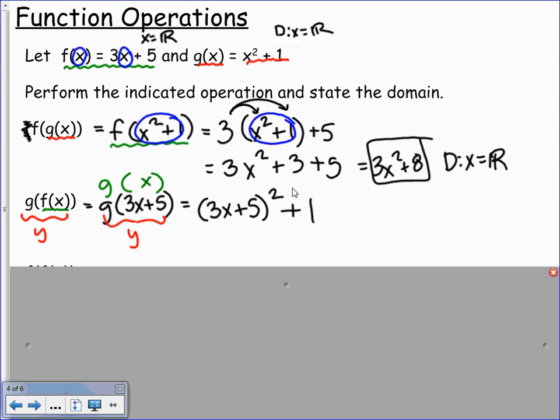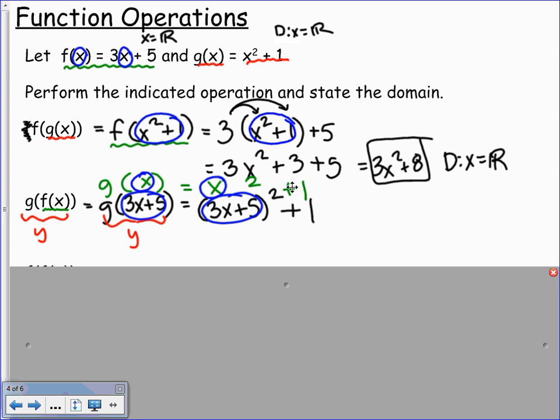But x is 3x plus 5. So g of x is x squared plus 1, but x is 3x plus 5. So everywhere there was that x, I wrote 3x plus 5. Again, I'm just substituting all the x's with the other function. That's all I'm doing, is substitution.